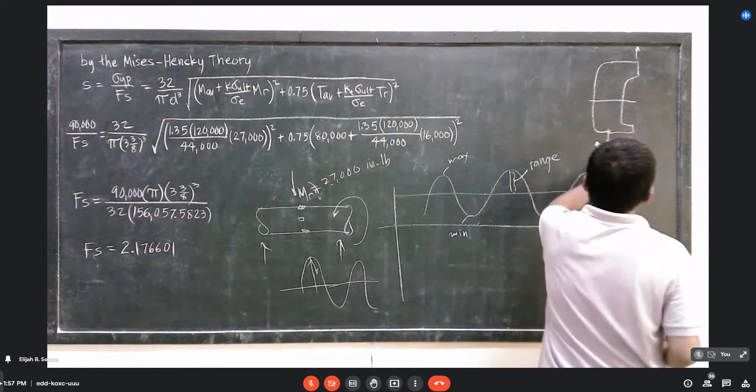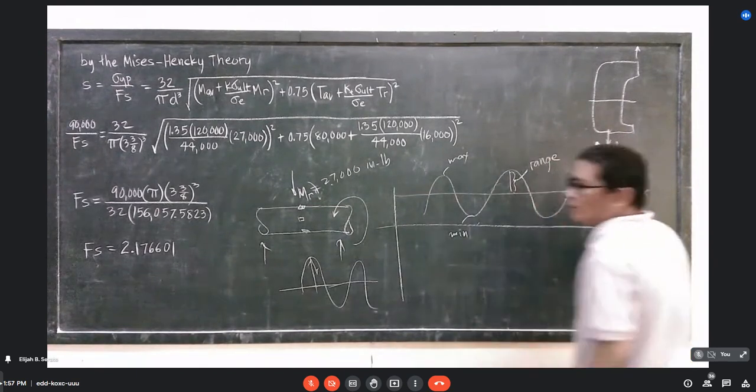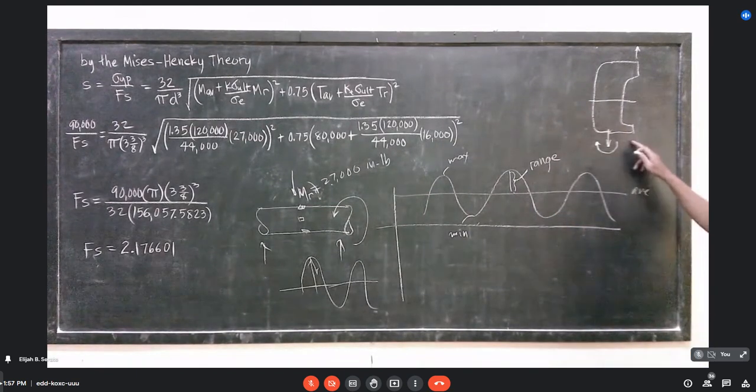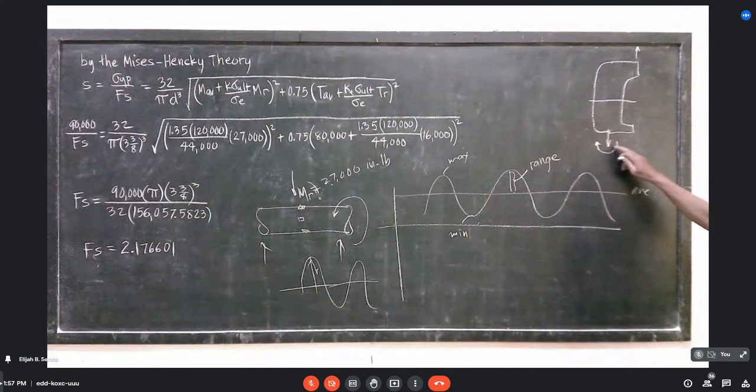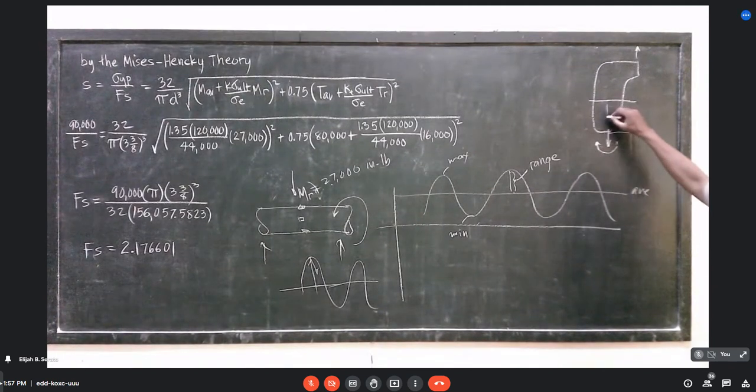So instead of one, you now have two for superposition. So you have to evaluate. This one has to be on the centroid, location of the centroid of the cross-section. And then, of course, this one is a bending moment. It is distance from these two.